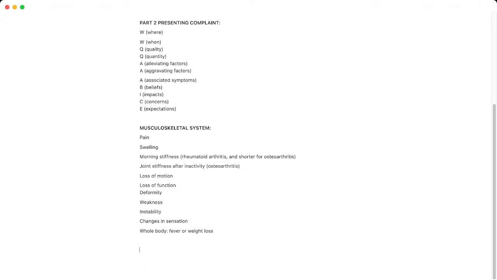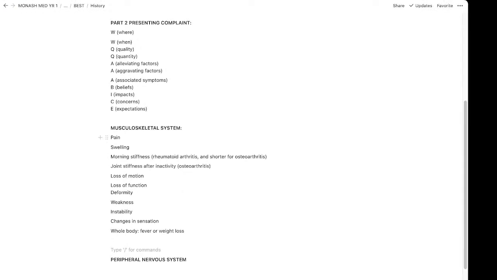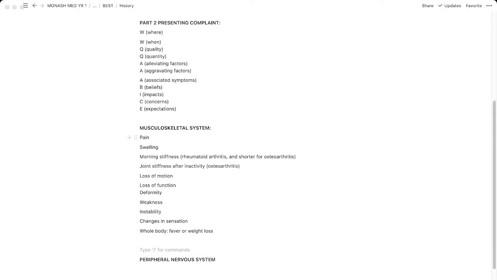The peripheral nervous system. Oh yeah, handedness is important, isn't it?